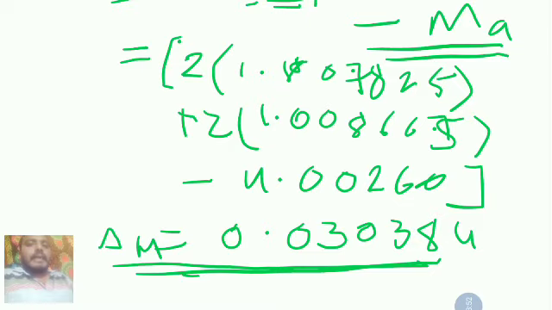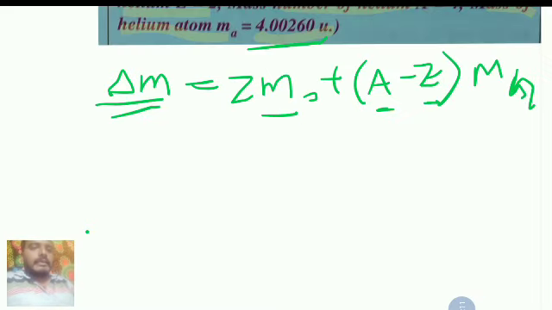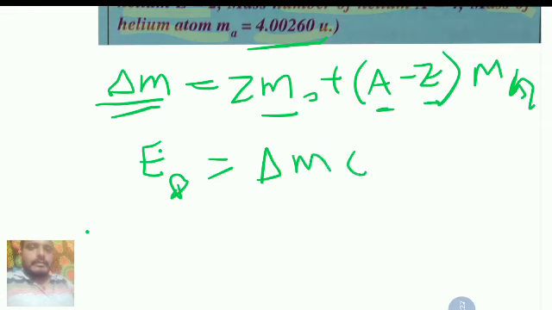So binding energy formula: EB, binding energy, is delta m into c square. So m we already know here.